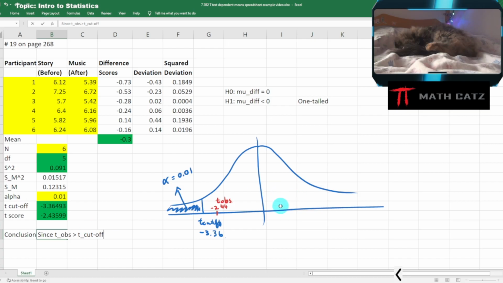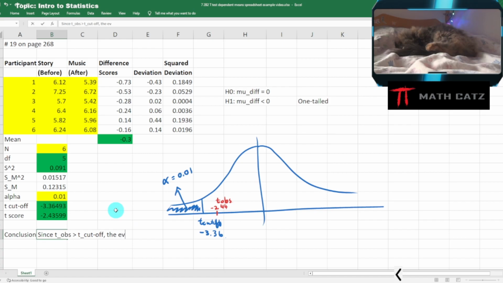Then it would suggest that, okay, this red one does not belong to this distribution. It's so unlikely to get things this far out. That would be strong enough evidence, but we didn't get that, unfortunately.